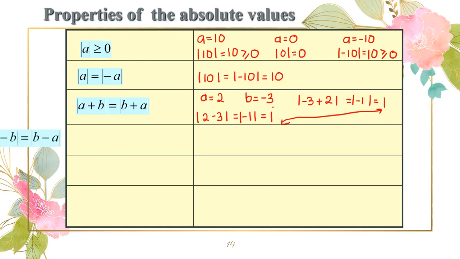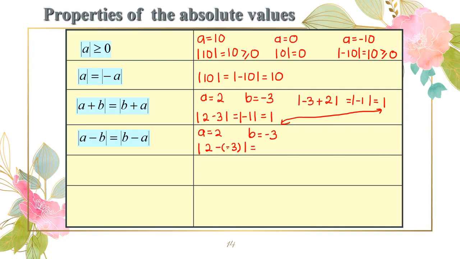Okay, next. The absolute value of a minus b is equal to the absolute value of b minus a. We stick to the numbers above: a is 2 and b is negative 3. If just now we found the summation, now we do the subtraction. So 2 minus negative 3. Don't forget the absolute value sign.